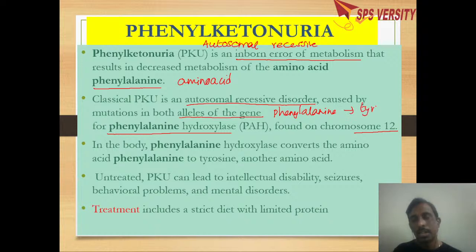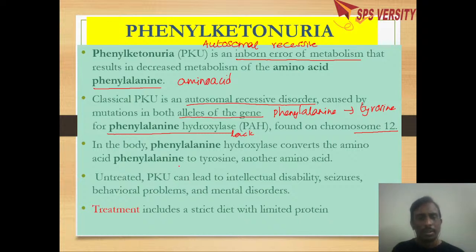This is the general conversion that takes place in our amino acid metabolism. But due to lack of this enzyme, this conversion doesn't take place. Then phenylalanine is converted into phenylpyruvic acid and gets accumulated in the body.